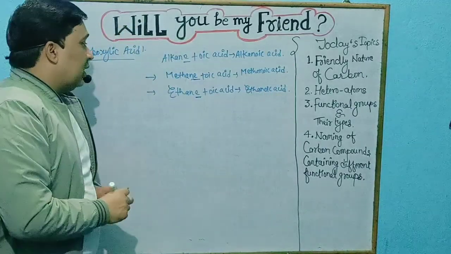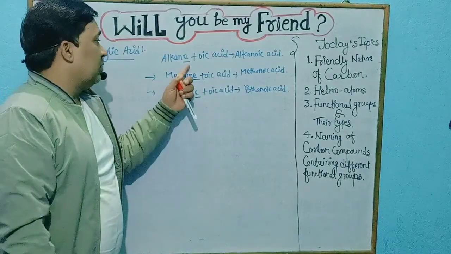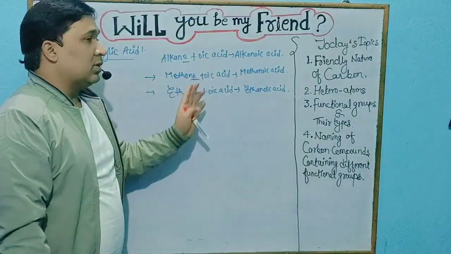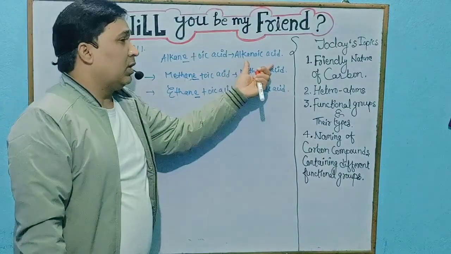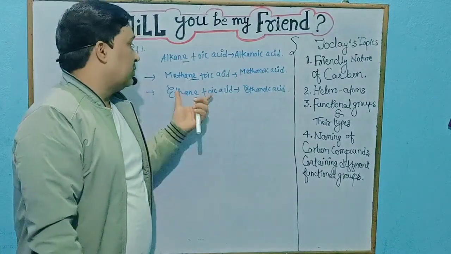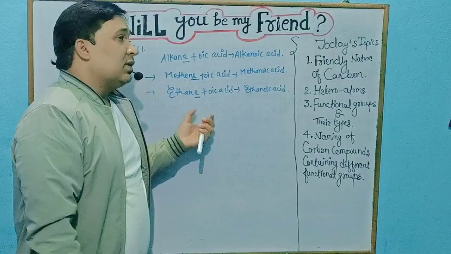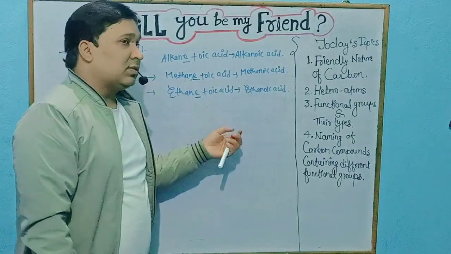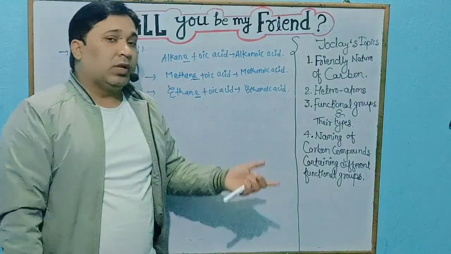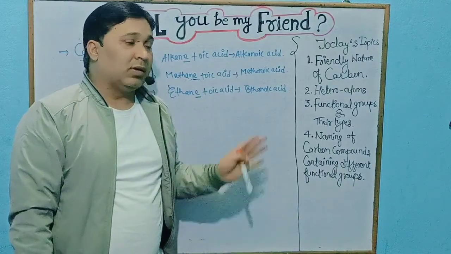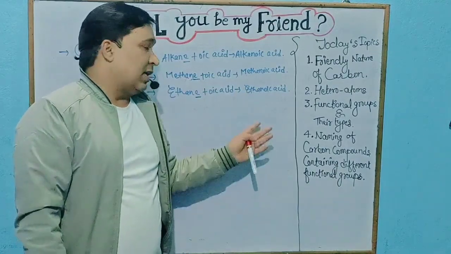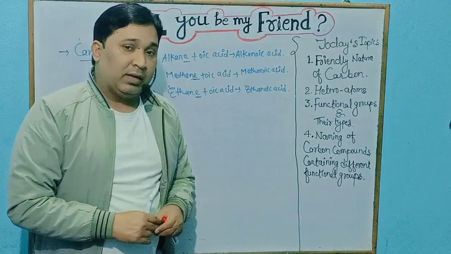So carboxylic acids are named by replacing E of alkane and adding OIC acid to it. It becomes alkanoic acid. If it is derived from methane, it is methanoic acid, and if it is derived from ethane, it is ethanoic acid. Similarly, propanoic, butanoic, pentanoic, hexanoic acid. You can name as per the number of carbon atoms contained in it.